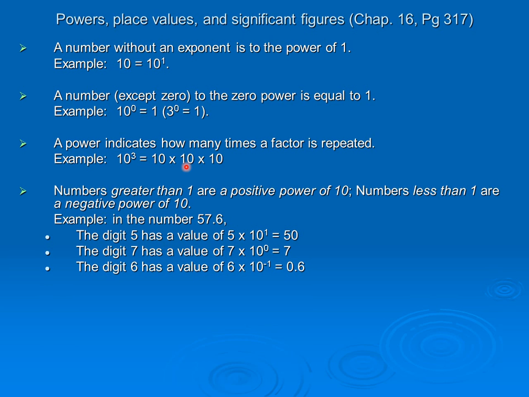Okay, and the power also has a different meaning. If you have a power of 3, that means you are multiplying the same thing 3 times. 10 to the power 3 means you multiply 10 three times, 10 to the power 5 means you multiply 10 five times, right?